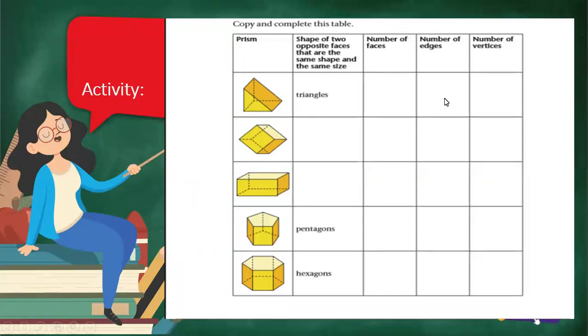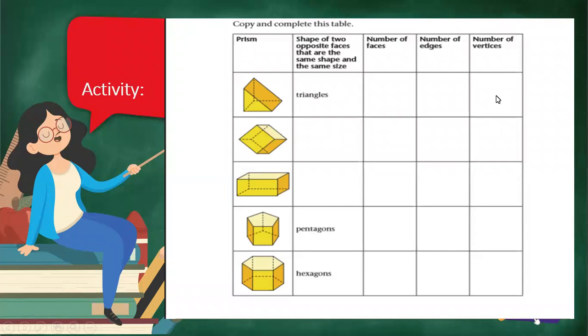The last one is the number of vertices. We've just said that where the lines meet will be our vertex. So now we're looking for the number of vertices. That corner there, that's 1, that's 2, 3, and this one 4, and this one here 5, and this one there 6.